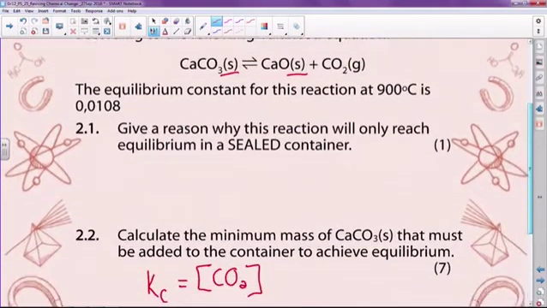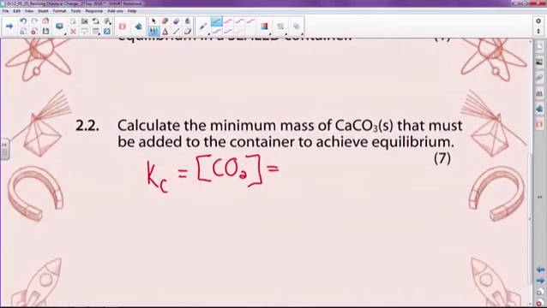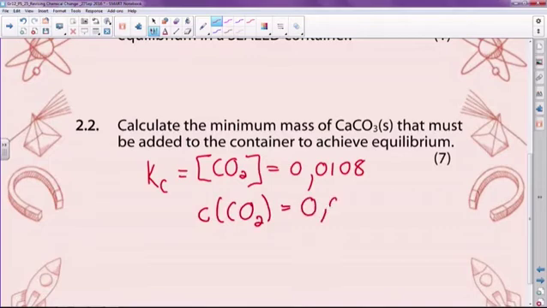Now that expression happens to be equal to 0,0108. That means that the concentration of your carbon dioxide in the equilibrium mixture at the end is 0,0108 moles per decimeter cubed, okay?